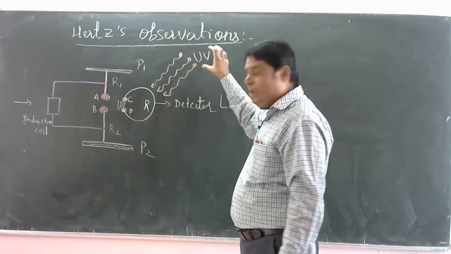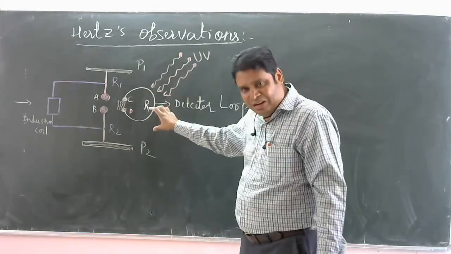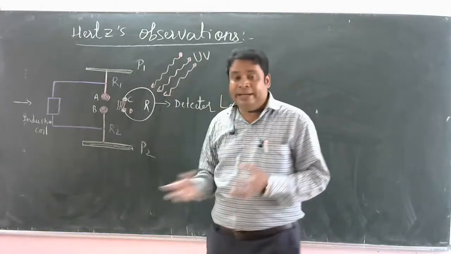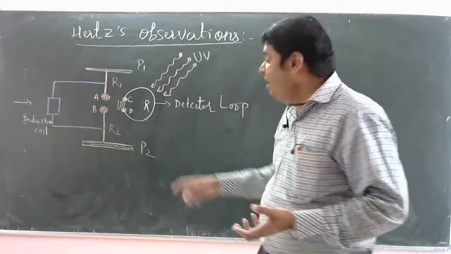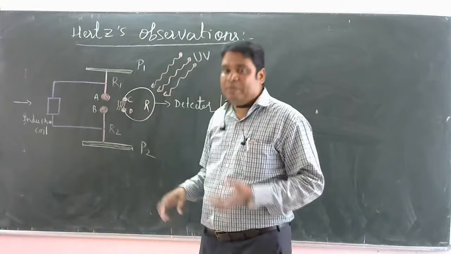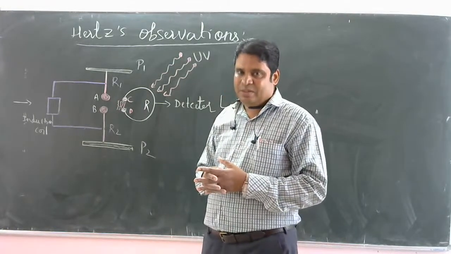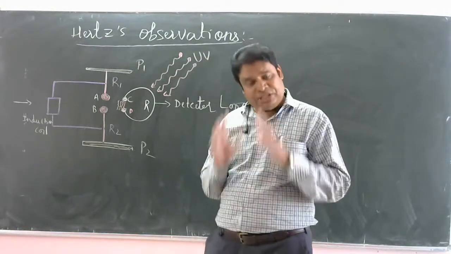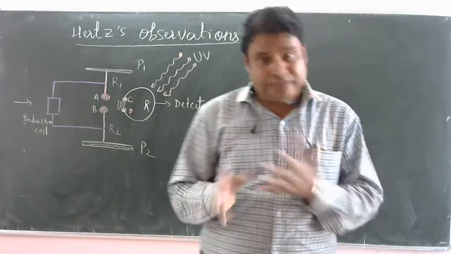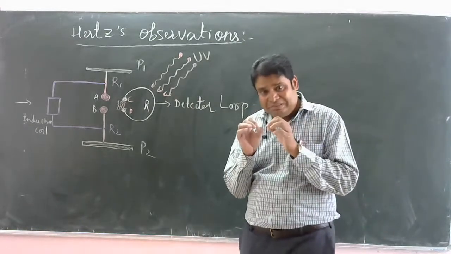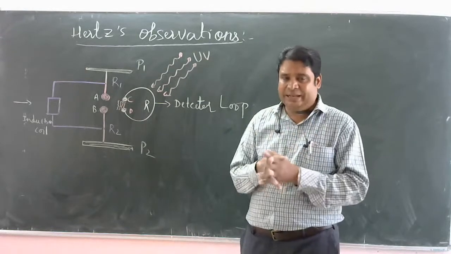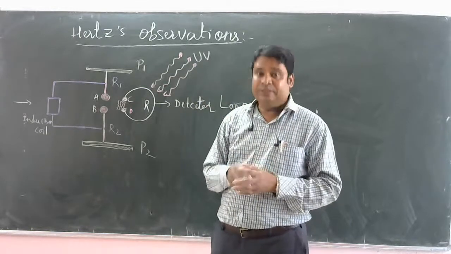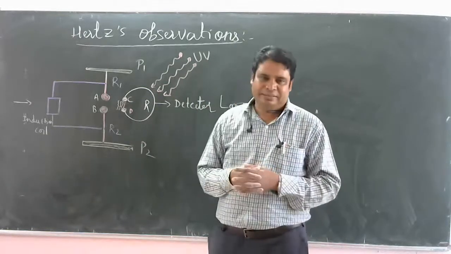When these ultraviolet radiations fell on the detector loop, he observed an increase in the high voltage electric sparks between C and D. He noticed there must be an emission of something, some material, as there was an increase in the electric spark.